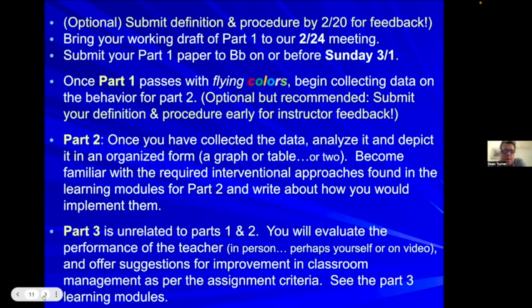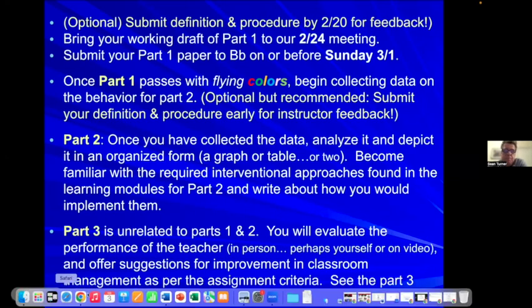By the time we meet again, we want you to submit a draft of something, collect something, work on something on part one, so we can get peer feedback when we meet again. You can submit to me if you're in my class, and I can give you feedback online and you can revise. But remember, take the two quizzes first and then collect your data.